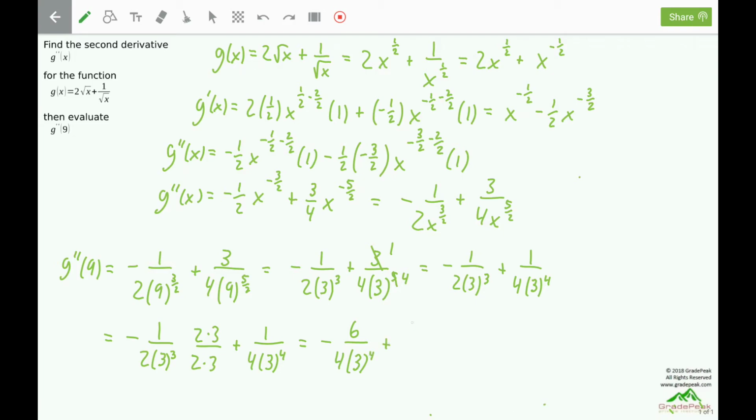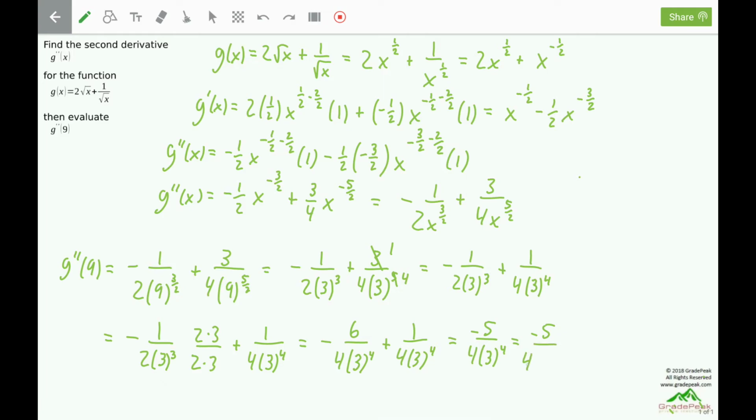And the second term, I'll just keep it the way it is. And now you can see that we have a common denominator. These can combine together, and it will be equal to negative 6 plus 1, negative 5, over 4 times 3 to the 4th.